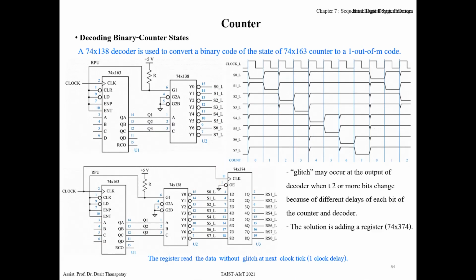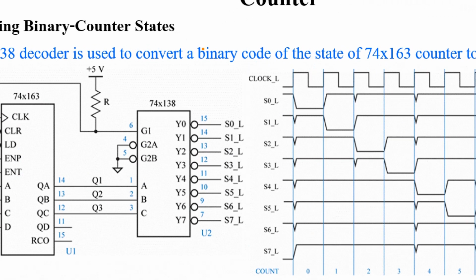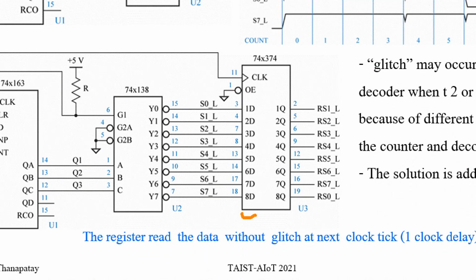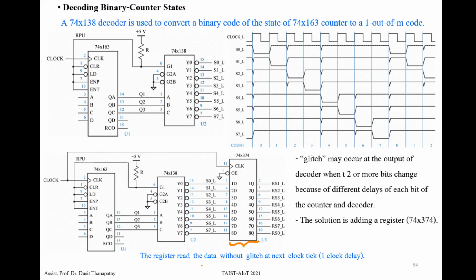If you don't want glitches to occur, what should you do? You may use a D latch or D flip-flop. Let's use a D flip-flop, because when the clock ticks, the signal fed to the D flip-flop is not read and updated at the output suddenly, right?